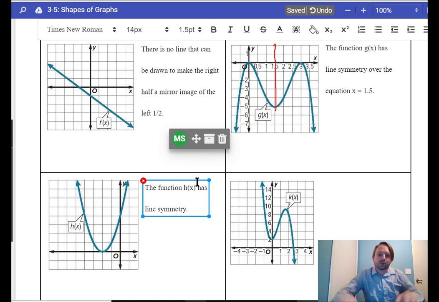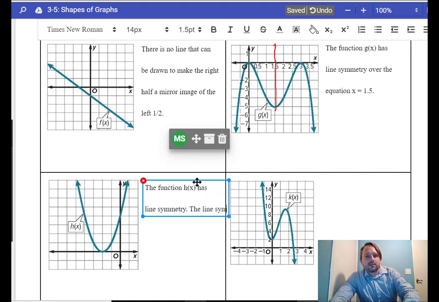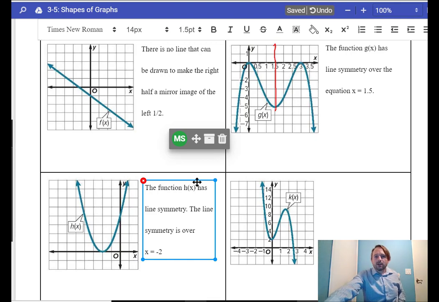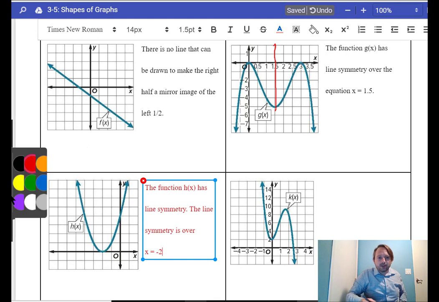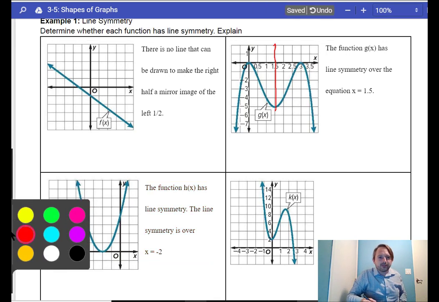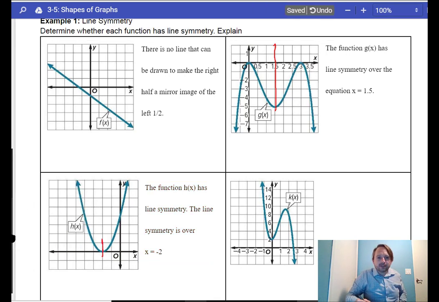The line symmetry is over x equals -2. Now, if we were to draw it, we would see that, there we go, it would be right here. The left side mirrors the right side.